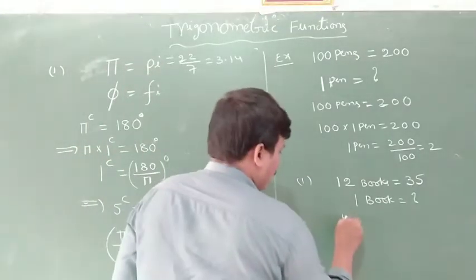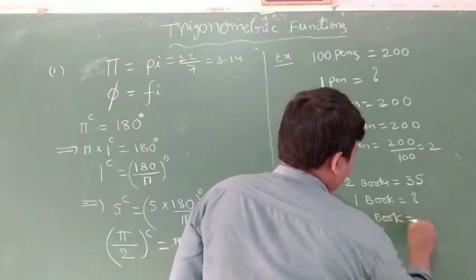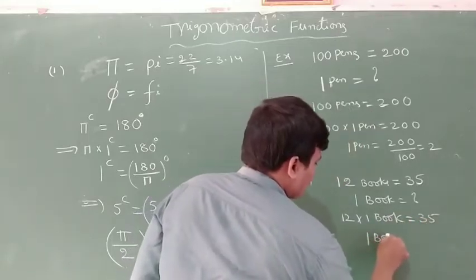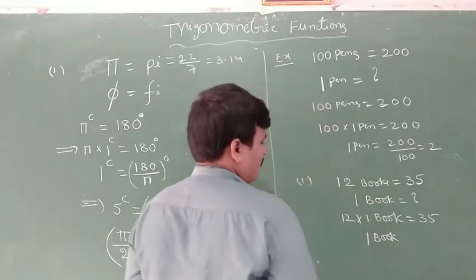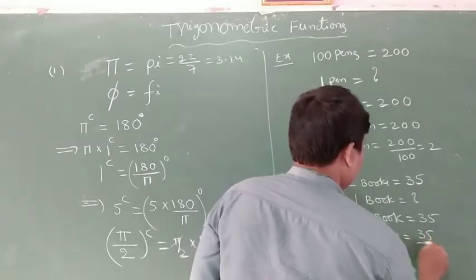Means 12 books is equal to 12 into 1 book. 12 into 1 book is equal to 35 rupees. 1 book is equal to 35 by 12.